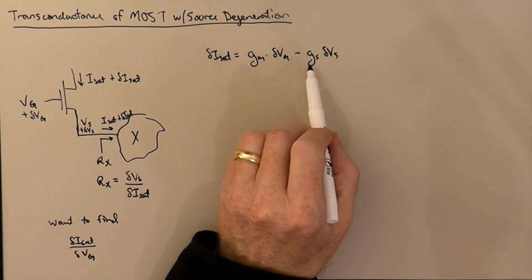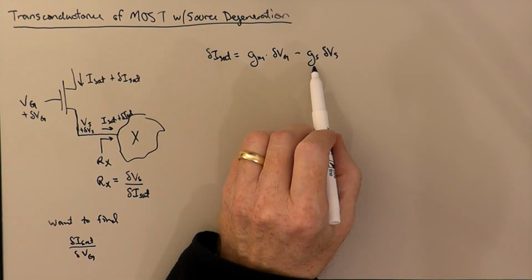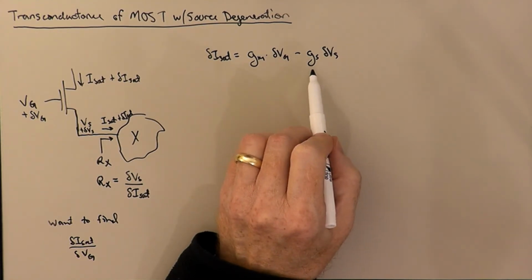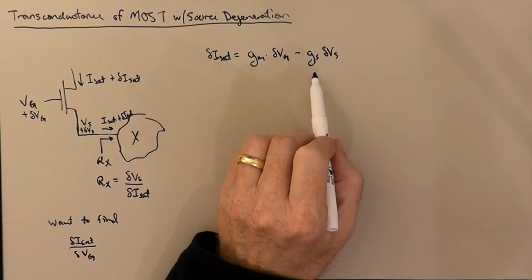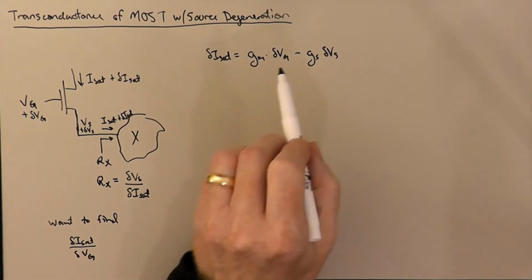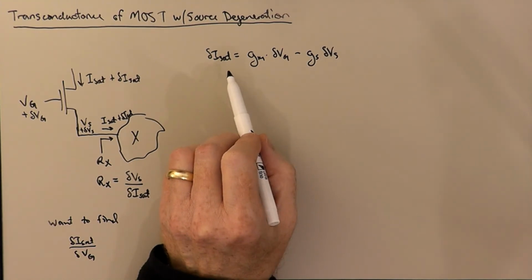And this gs is going to be related to di sat dVs with appropriate sign conventions for the source conductance. And that's why the minus sign comes about. But this is basically just a tangent plane approximation to our EKV model for the saturation current, if you like.